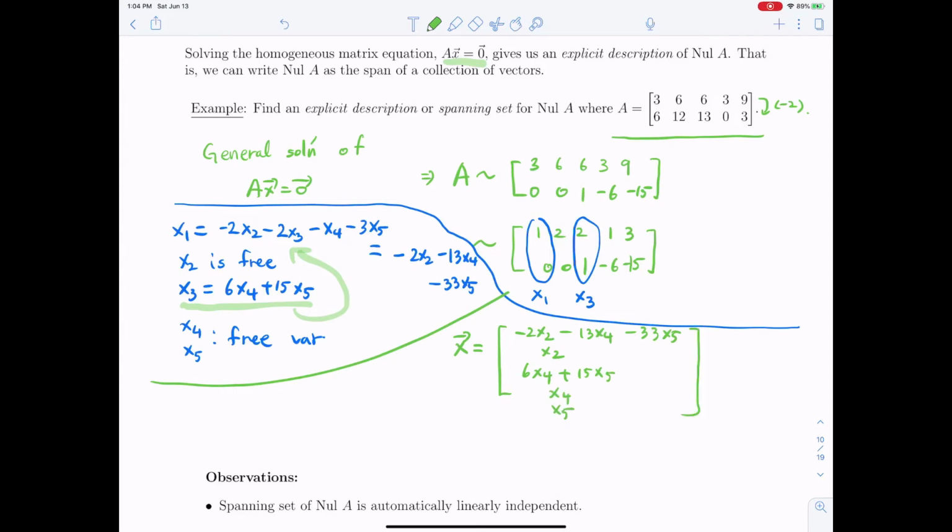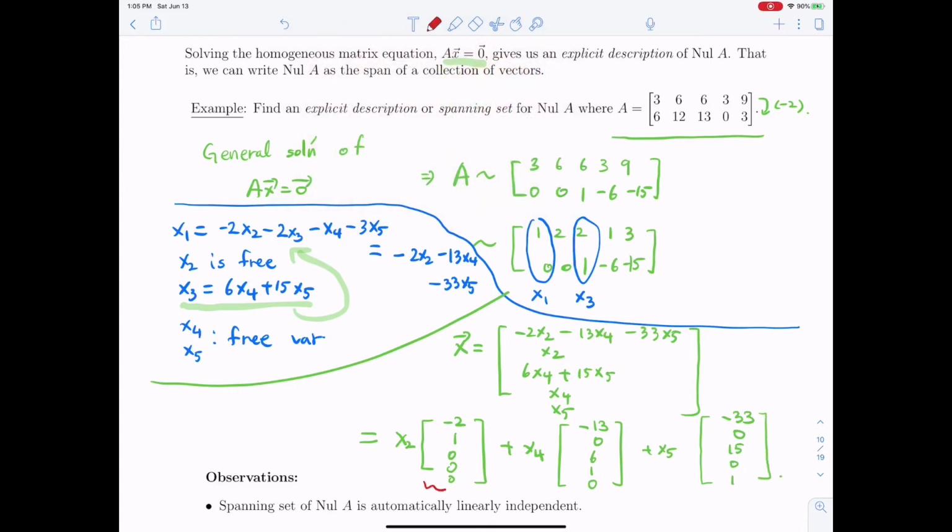If you separate each variable, then we get x2 times negative 2, 1, 0, 0, 0, plus x4 times negative 13, 0, 6, 1, 0, plus x5 times negative 33, 0, 15, 0, 1.